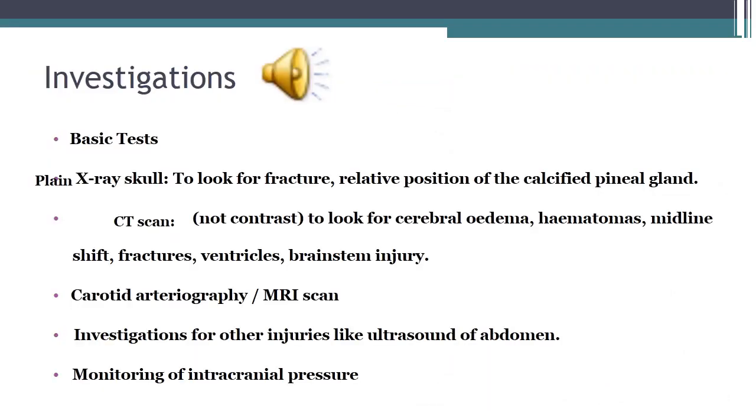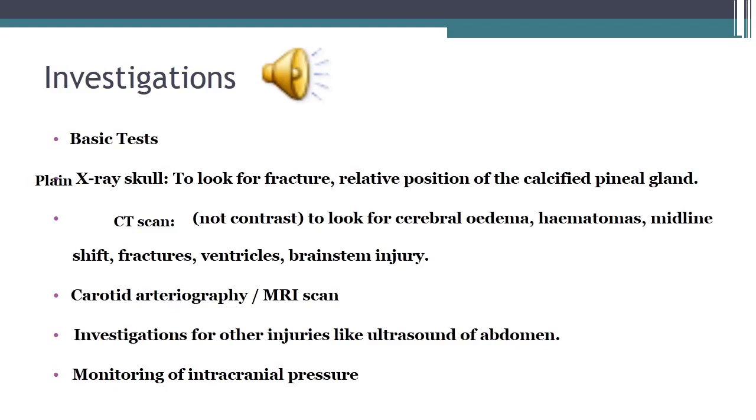Investigating patients with head trauma, we can do basic tests like a plain skull X-ray, looking for fractures or the relative position of the calcified pineal gland for any shift from the midline.